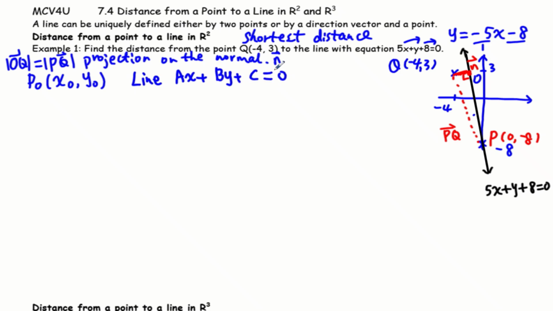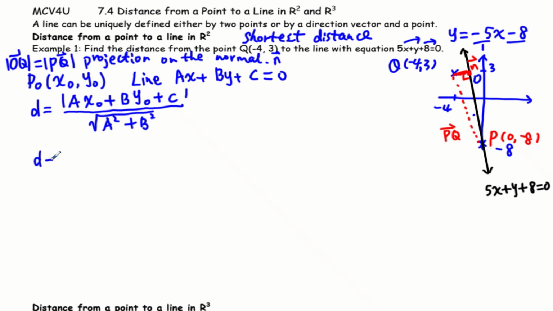If we find the normal, then find the projection, the distance equals, just sub the x0, y0 into the line, then all over the magnitude of the normal, square root of a squared plus b squared. Okay, so we could just use this formula and find the distance.